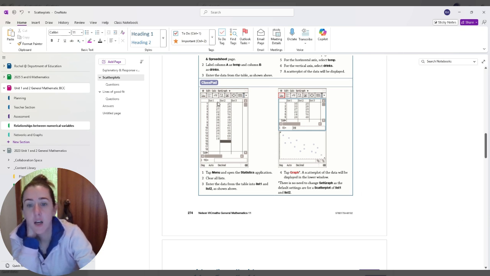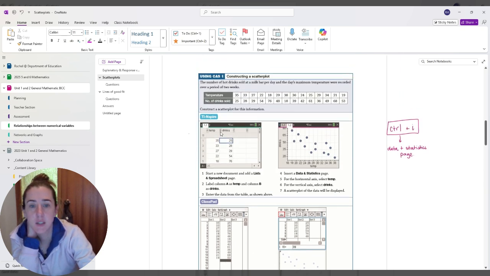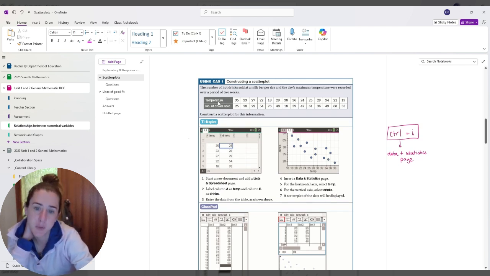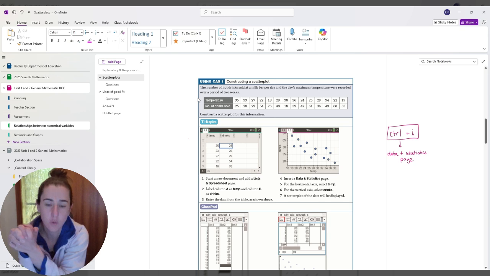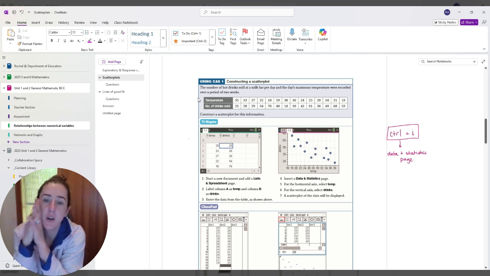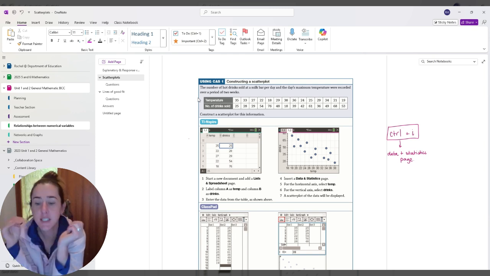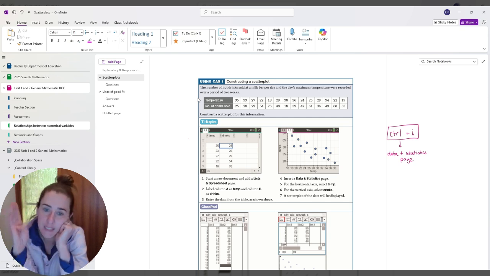All right, so here, let's think about it. If we've got temperature and number of drinks sold, which one is going to explain the other? In this instance, our temperature is what we think is going to explain the number of drinks sold.